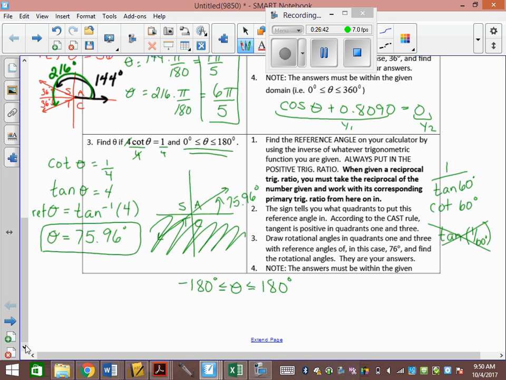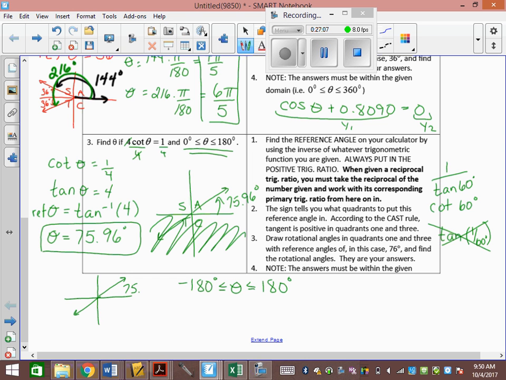Get your same answers between 0 and 360 like you normally would. Then just get the coterminal negatives. Subtract 360 from whatever your 0 to 360 was. Subtract 720, whatever you need to do. And then keep the ones that fall between here. So my answers between 0 and 360 in this case would have been here and here.